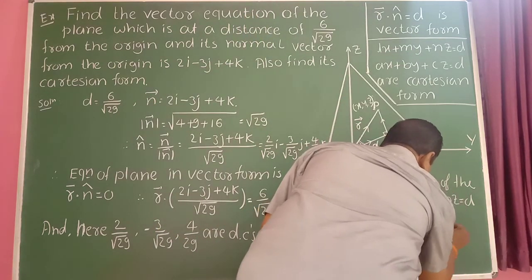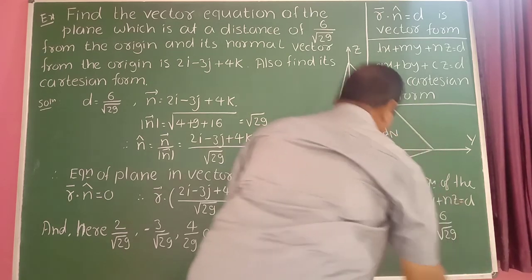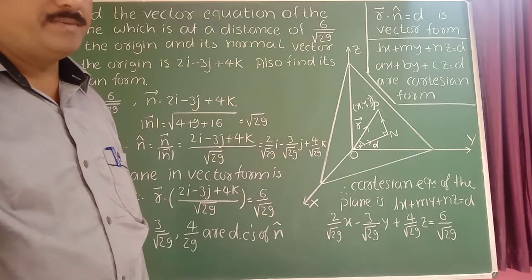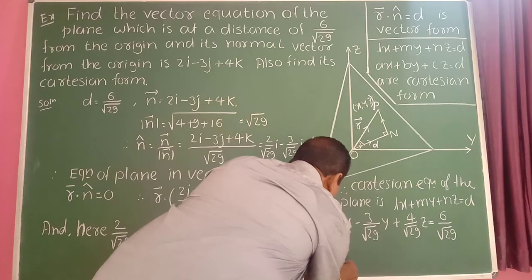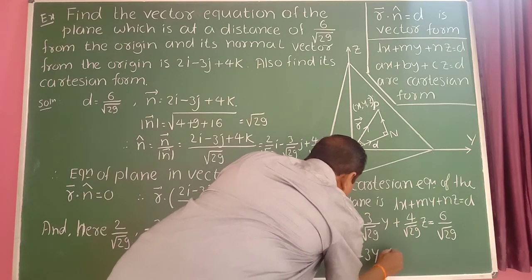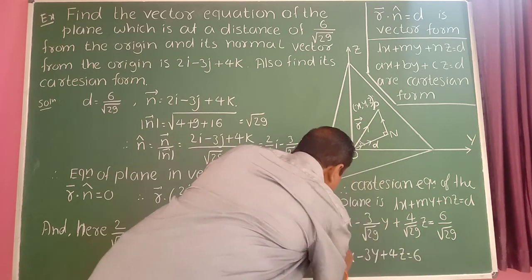The denominator root 29 is there, so just multiply both sides by root of 29. It gives 2x minus 3y plus 4z is equal to 6.